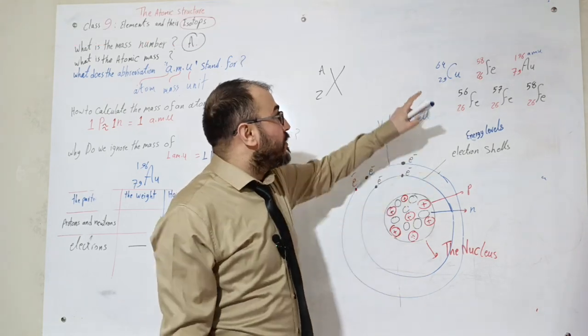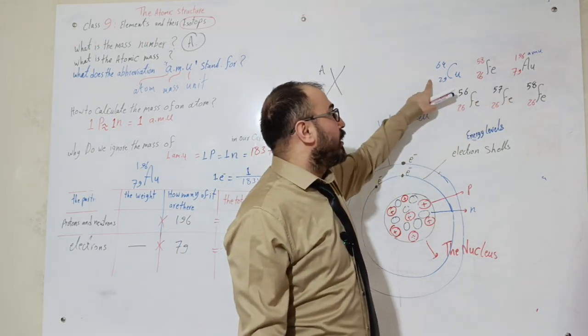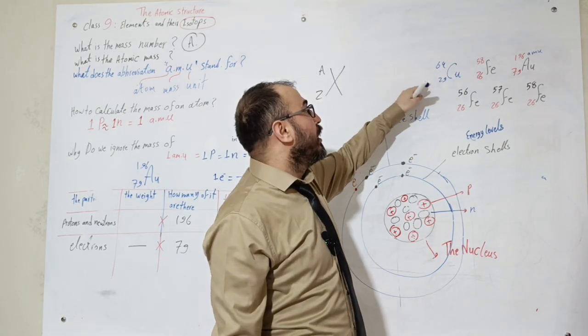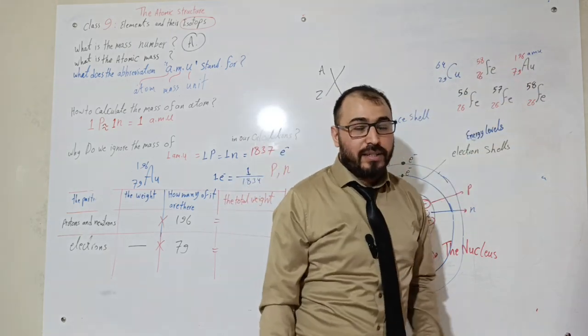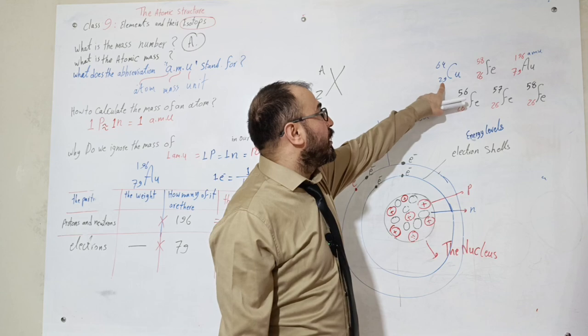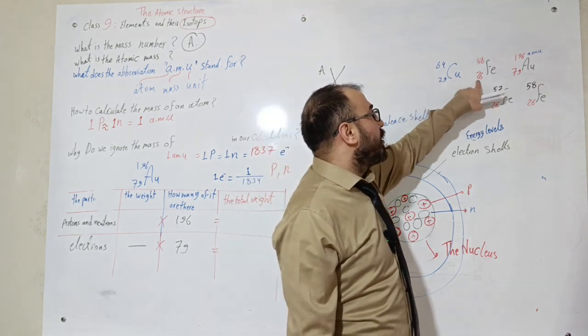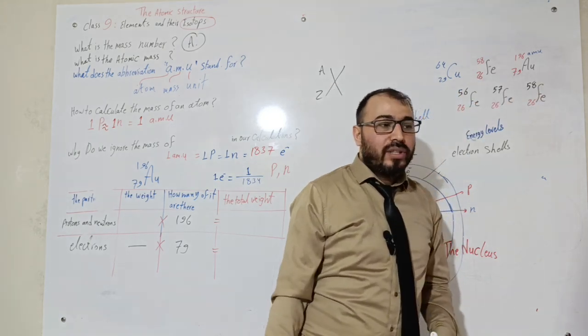We all know that atoms are different from one another. Of course, atoms or elements are different from one another because they have different numbers of protons and neutrons inside their nuclei. For example, copper has 29 protons, iron 26, and gold 79.